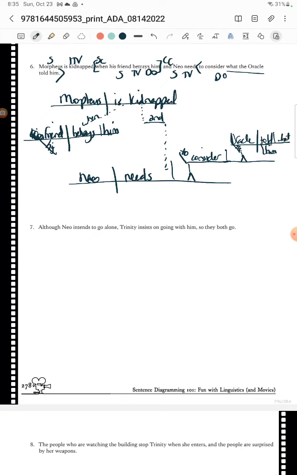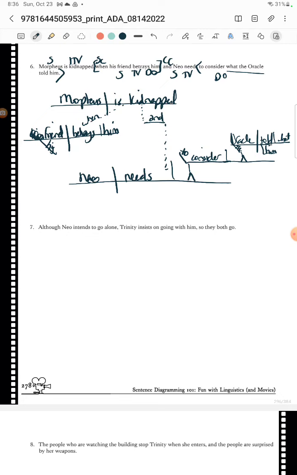Him is your indirect object there, because he is indirectly being told the what, whatever the what was. So you have a noun clause as the object of an infinitive phrase, which is acting as the direct object of the second independent clause in that compound complex sentence. So a lot of stuff happening here.